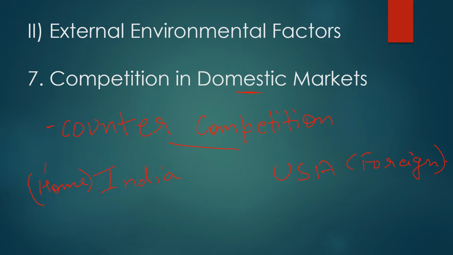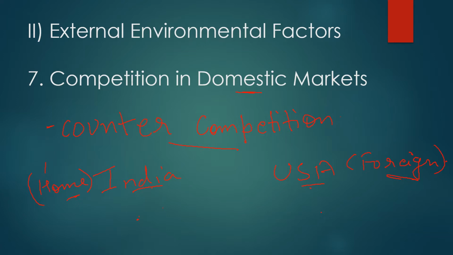So for example, India is the home country and USA is the foreign country. Now what USA is doing is that it is selling goods in India and it is also selling goods in USA. And what India is doing is that it is just selling goods in its domestic market, that is its home country.